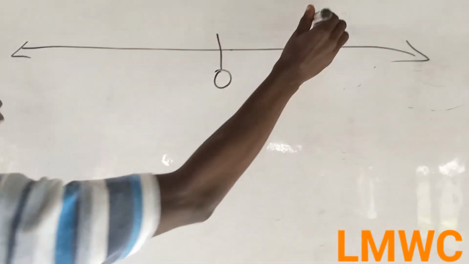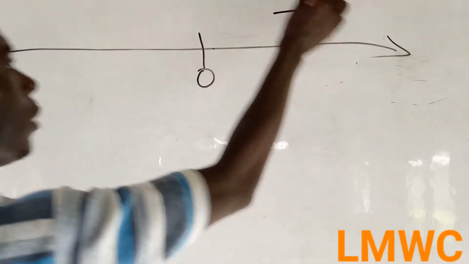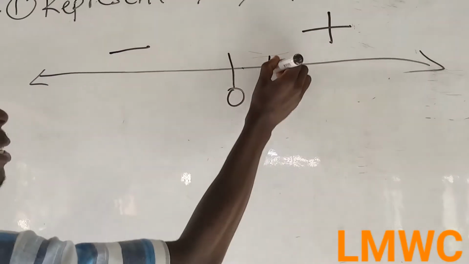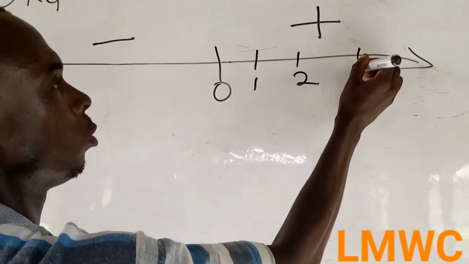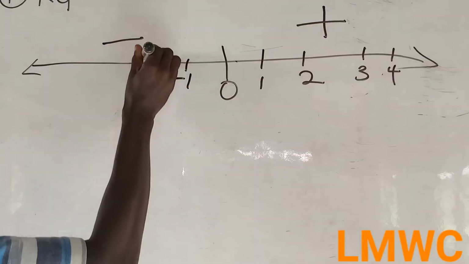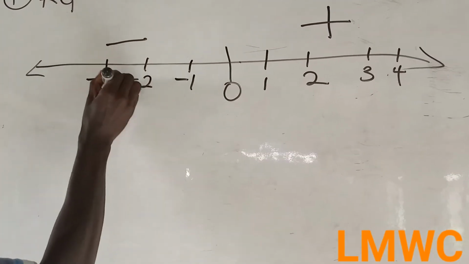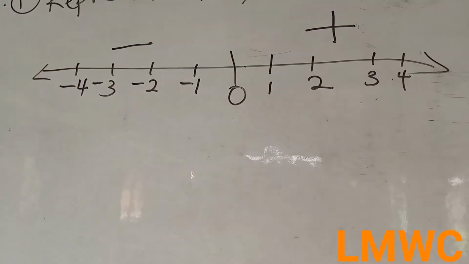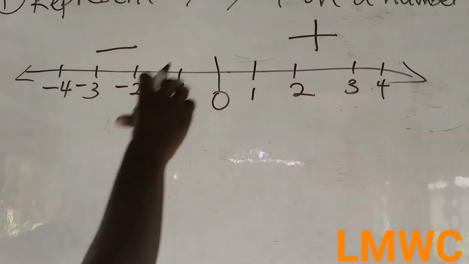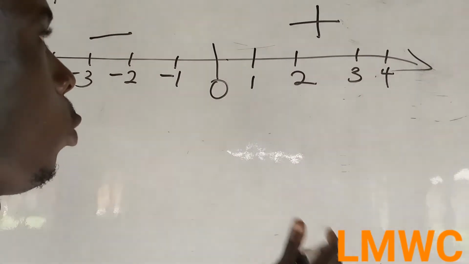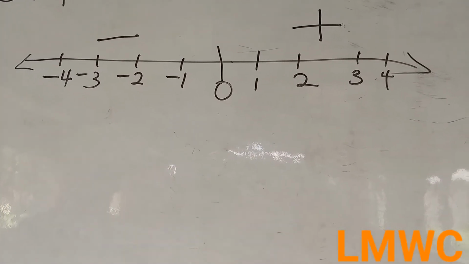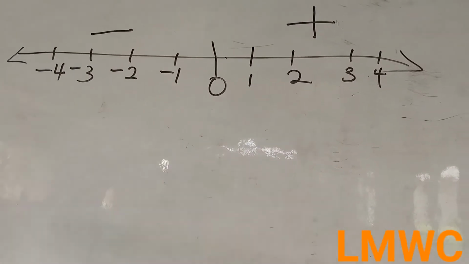The numbers at the right hand side are positive values, and the numbers at the left hand side are negative values. So here is 1, 2, 3, 4. You can continue. Negative 1, negative 2, negative 3, negative 4. So always numbers at the left hand side are negative and numbers at the right hand side are positive. So this 0 divides the number line into two equal parts, the positive part and the negative part.